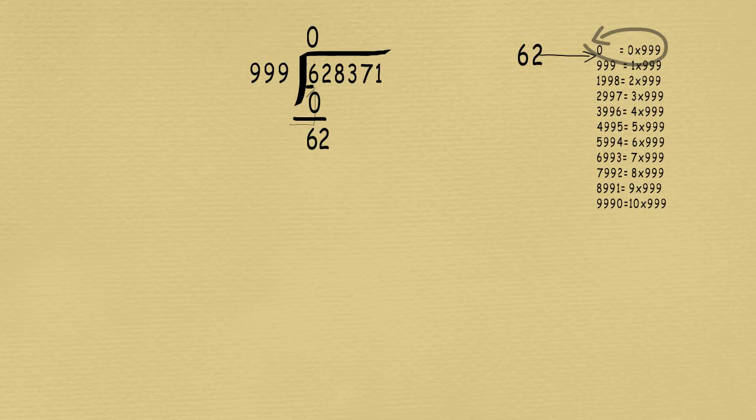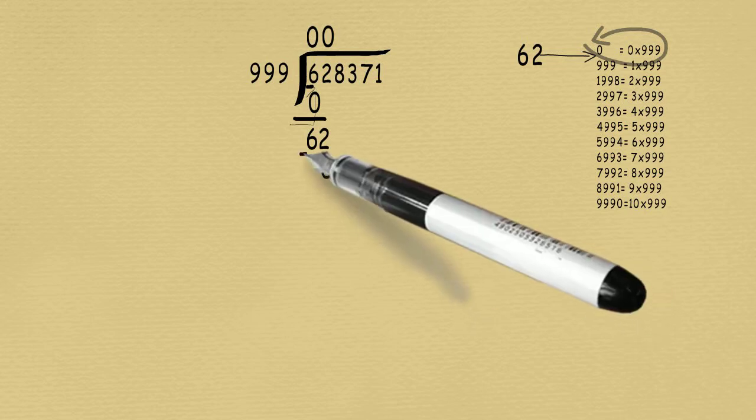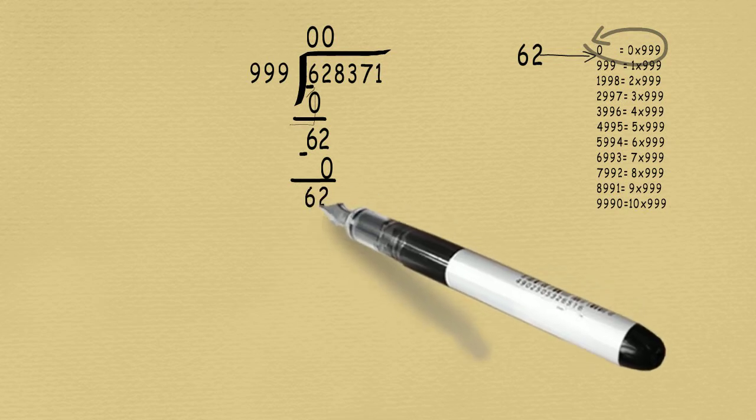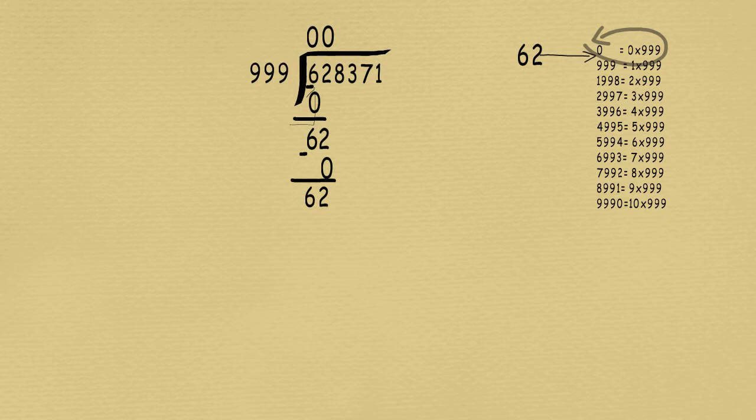So I'm going to choose the entire expression 0 equals 0 times 999. I'm going to write down 0 on top of the division house and 0 right underneath the number 62. I'm going to perform a subtraction: 62 minus 0 equals 62. And I finish with the second step.